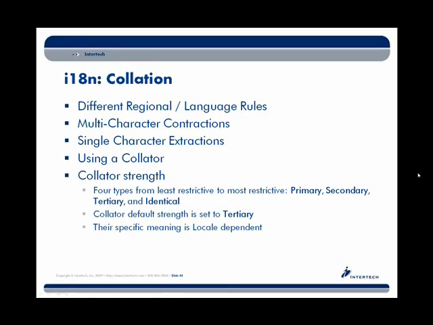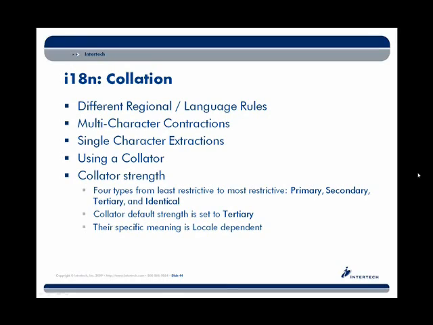And the opposite of that is single character expansion, where I have 1 character that when it changes case, maybe it becomes 2 characters. Sometimes also you'll see that when you're doing sorting, 2 characters are really considered to be 1 character. In Czech, I believe there's CH, if I'm remembering correctly. It's 2 different letters, but when they appear together, they're sorted as if they were 1 letter.